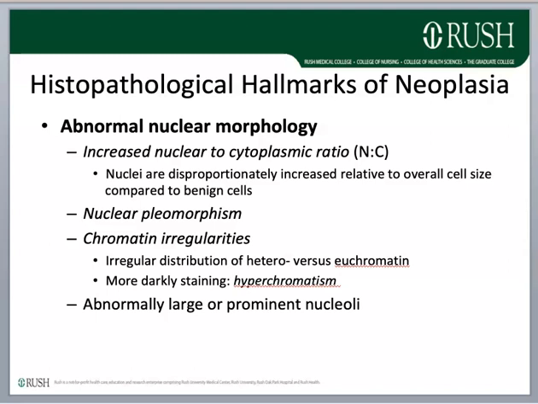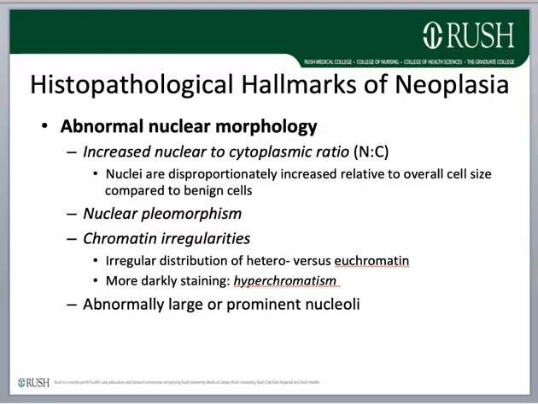As alluded to in the previous slide, accompanying cellular pleomorphism is nuclear pleomorphism. So the nuclei in neoplasia, especially malignant tumors, is more pronounced. The nuclei are increased in size and show much more variation in their shape compared to normal cells.